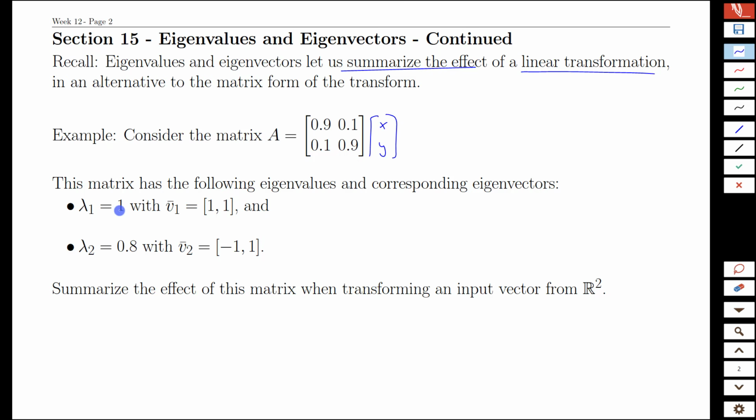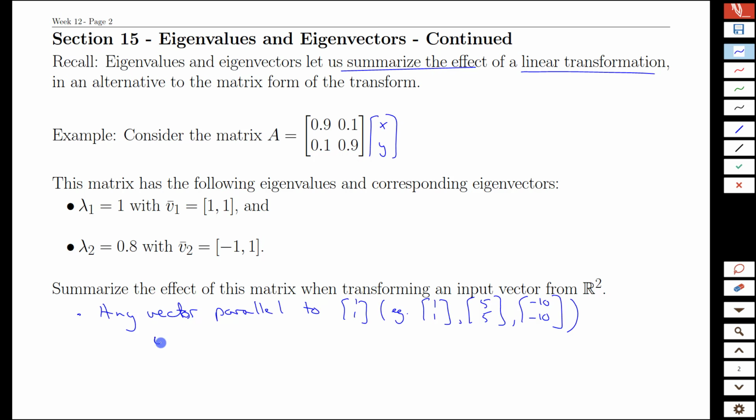Having been told that lambda equals 1 with a corresponding eigenvector of 1, 1 here, we can immediately say that any vector that is parallel to the vector 1, 1, and by parallel, exactly what you think it means, so 1, 1 itself, or 5, 5, or minus 10, minus 10, it can be the negatives as well, will be scaled by the eigenvalue, so by 1.